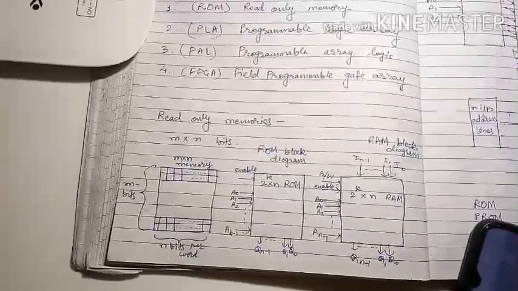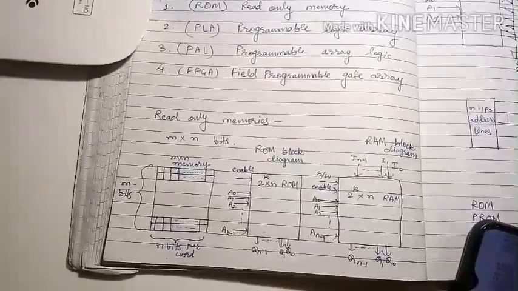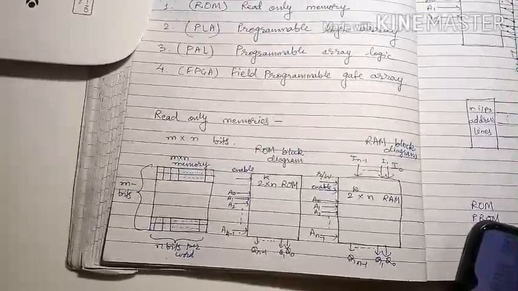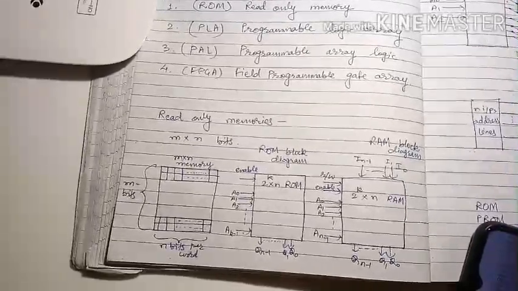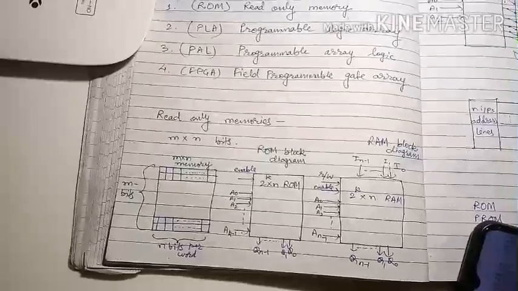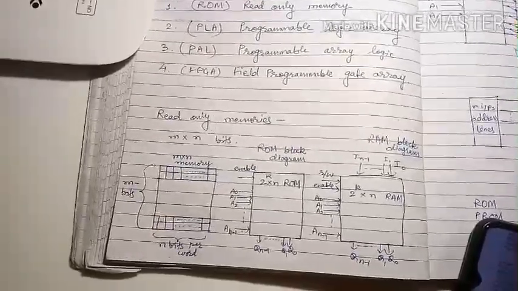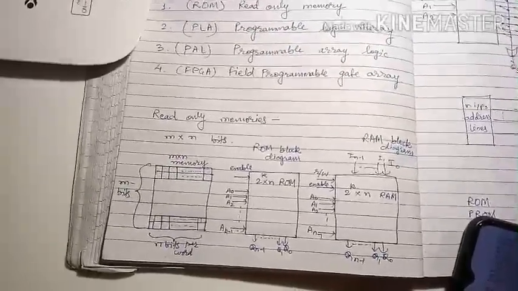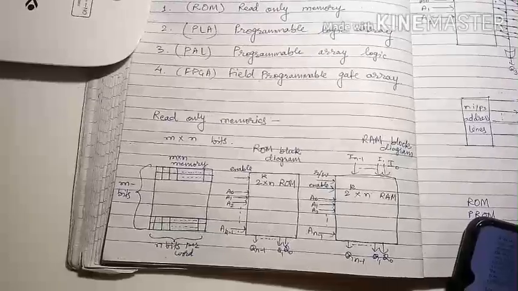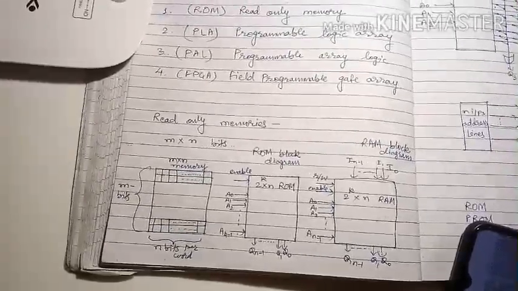So a ROM is built out of an array of semiconductor devices such as diodes, BJT and FET interconnected to form the AND and OR arrays. The AND array is essentially a decoder circuit. We will see how this circuit is used and how it is built. So ROM is a read-only memory.